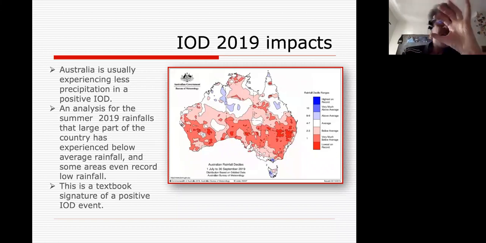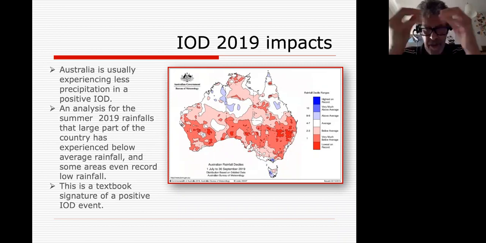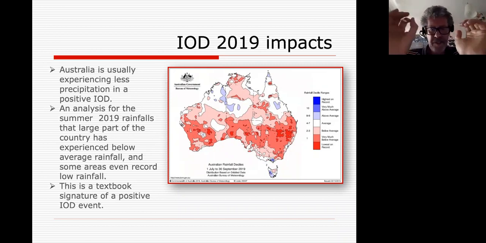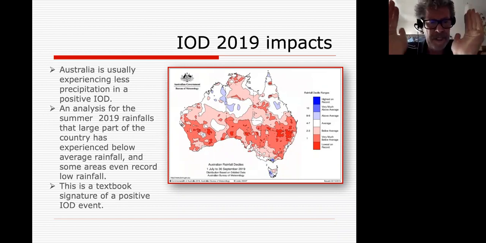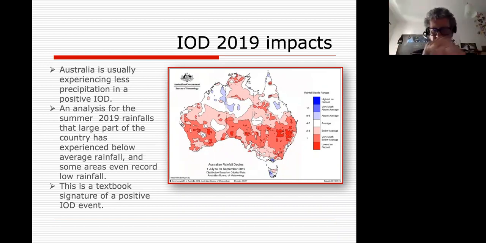In between, we have intermediate values. At first glance, everything, especially the southern part of Australia, was reddish. This means that a large part of the country experienced below average rainfall.